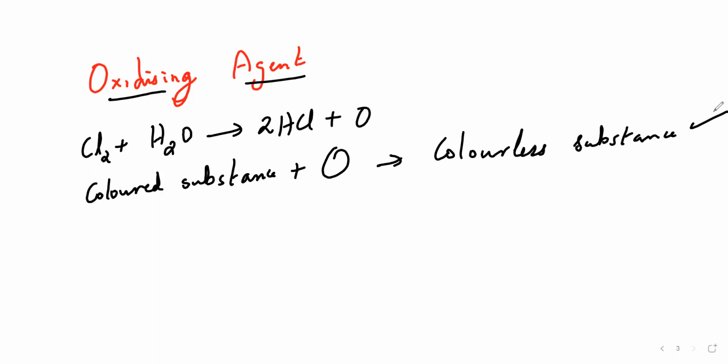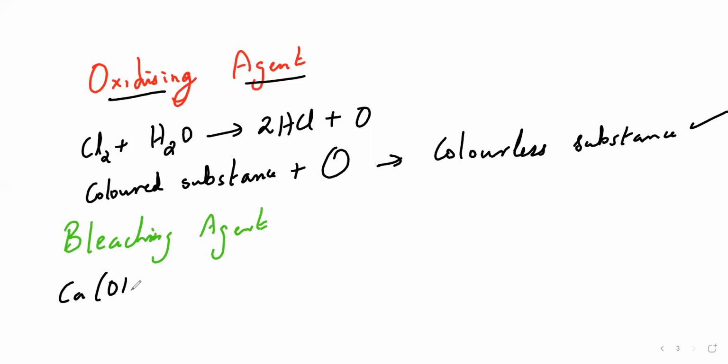And next thing is bleaching agent. Calcium hydroxide, Ca(OH)2, in reaction with chlorine will give me bleaching powder, Ca(OCl)2.